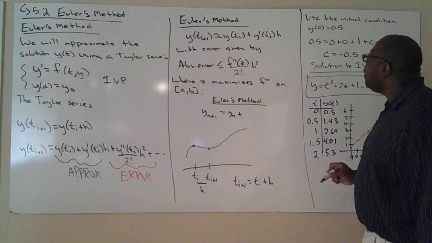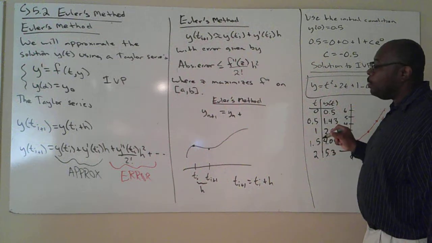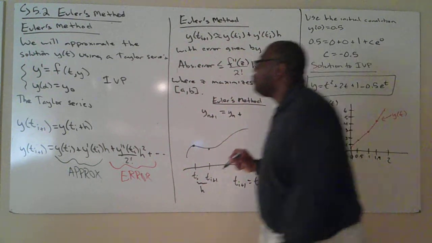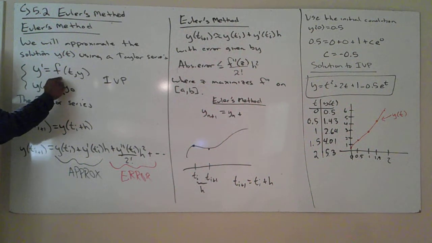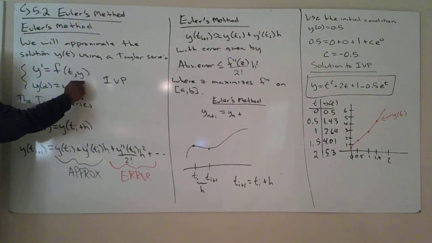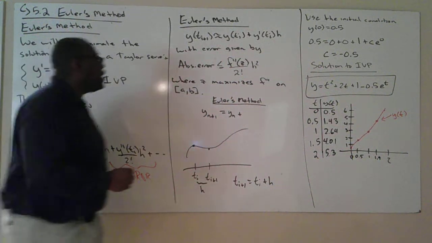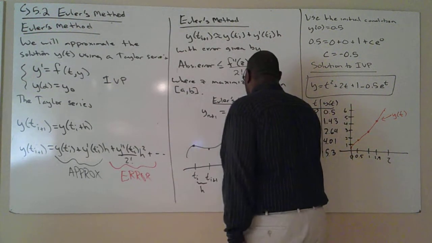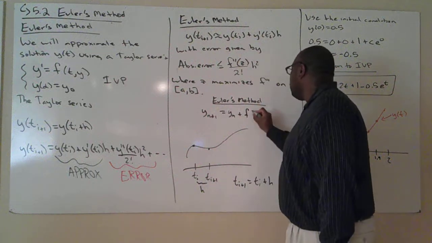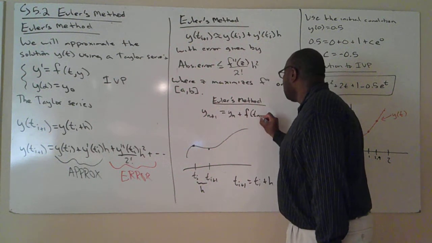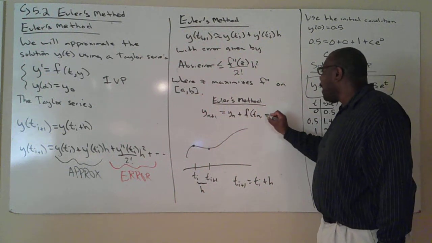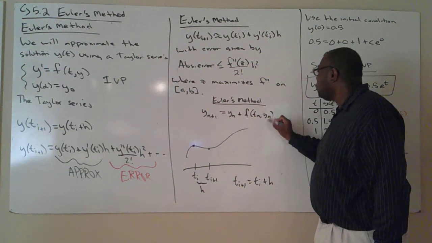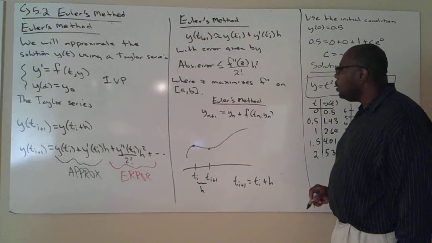Now, I could put y prime sub n, but y prime is equal to the function evaluated at t and y. So we write this as f of t sub n, because I know that value, and then y sub n. Okay.